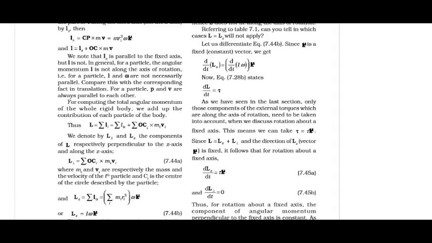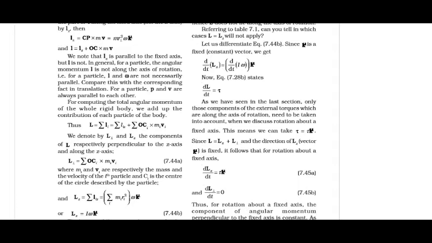L perpendicular is equal to sigma OCi into mi vi, where mi and vi are respectively the mass and velocity of the ith particle and Ci is the center of the circle described by the particle. So Lz is equal to sigma Liz is equal to sigma mi ri square omega.